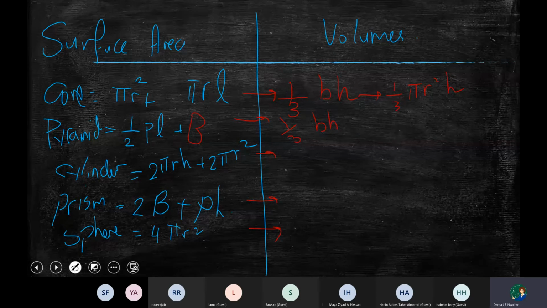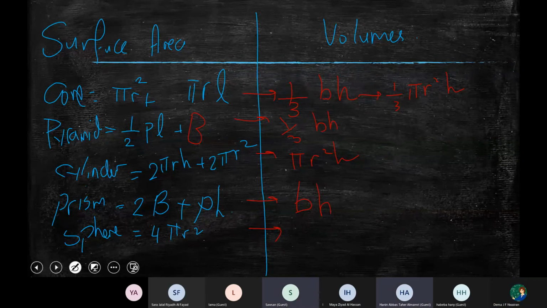Now what about the cylinder? The cylinder is the base multiplied by h, which is pi r squared h. The prism is the area of the base times h. And the sphere is 4/3 pi r cubed.